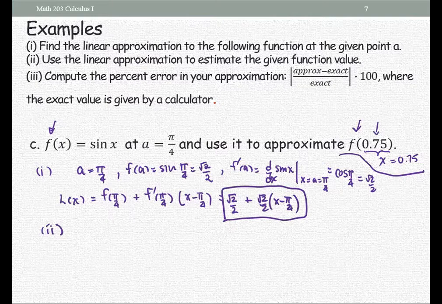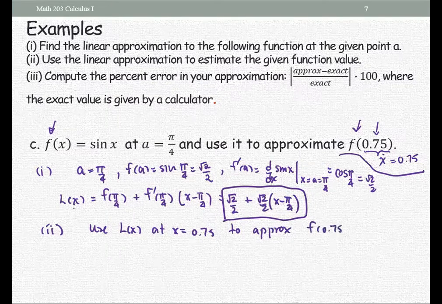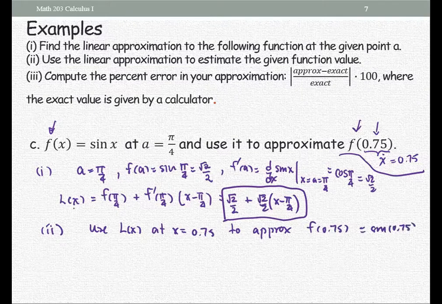So the second part, we're going to use the Lx at x equals 0.75 because the direct form here, x here, to approximate the function at 0.75, which is the sine at 0.75.